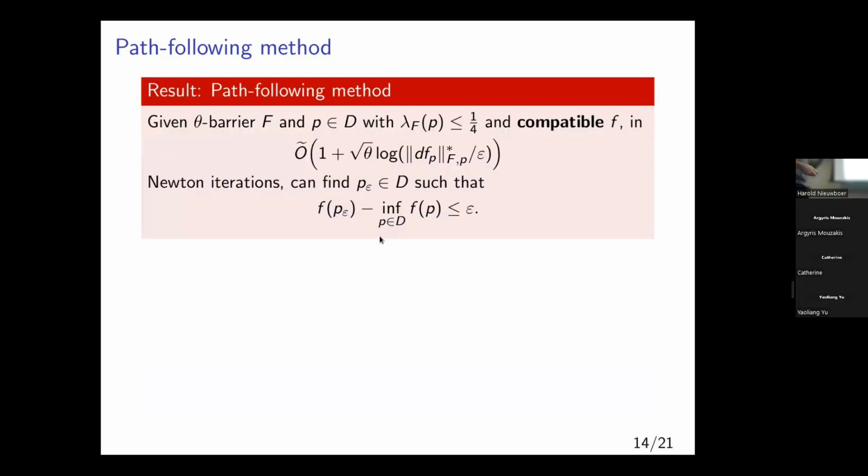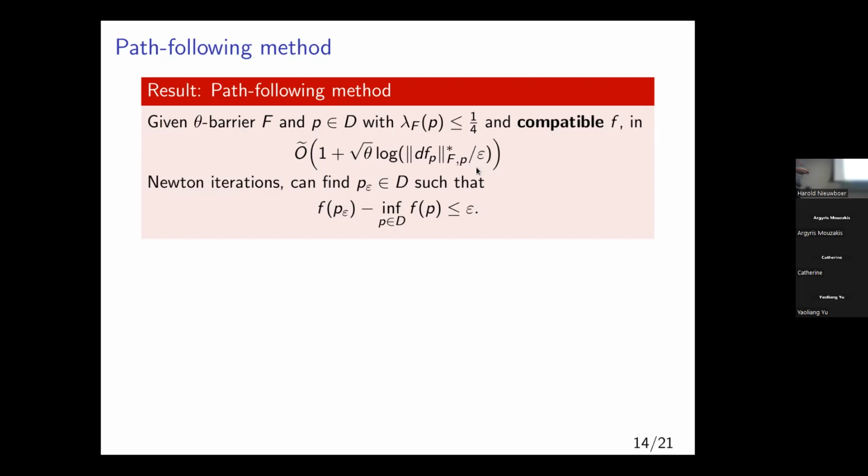And you can write that down. Of course, you need a starting time, which is where some funny quantity appears, but it's not so important. So what this result says is, I give you a good starting point, which is close to the central path at time 0.